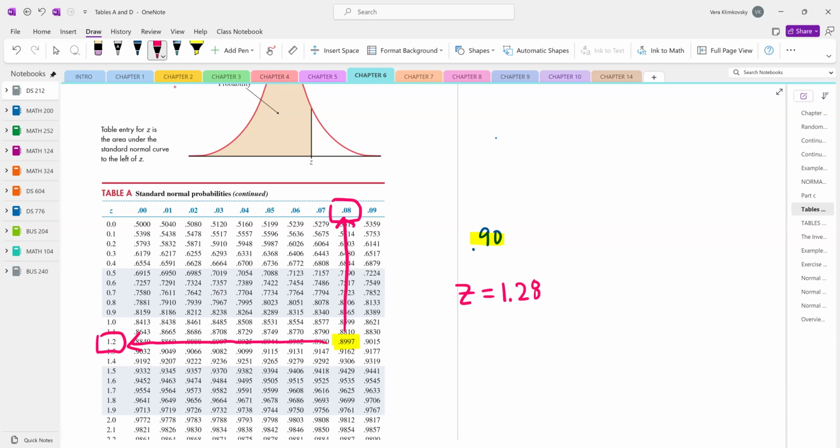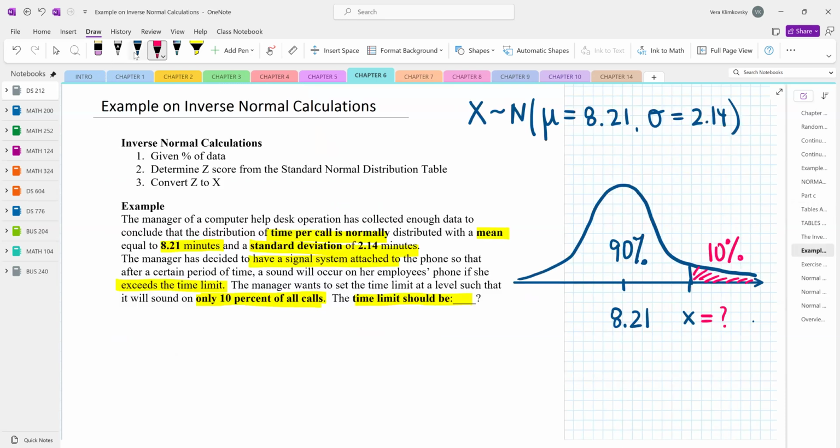Now we're going to convert it to x. So let's go ahead and record the z-value. The z-score we found is 1.28, and we're going to convert it to x. The formula to find the x value is mu plus z times sigma.